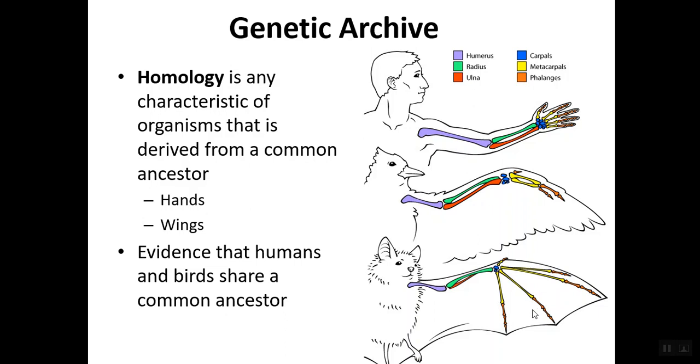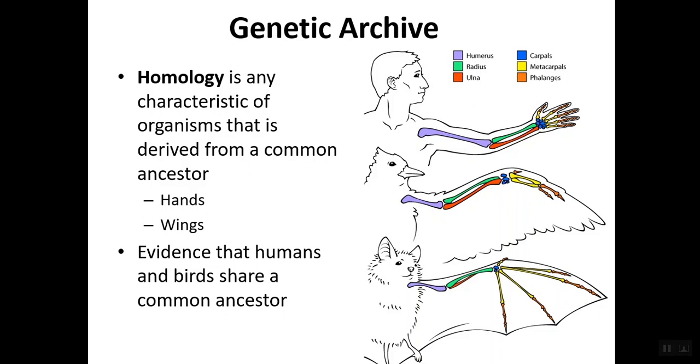Whenever we see structures that are very similar or pretty much the same, just changed in shape a little bit, such as the bones in a forelimb of a human and a wing of a bat and a wing of a bird as well. As you see here, color-coded, these are the same sets of bones that we recognize. So we know that these organisms must have a close ancestor.